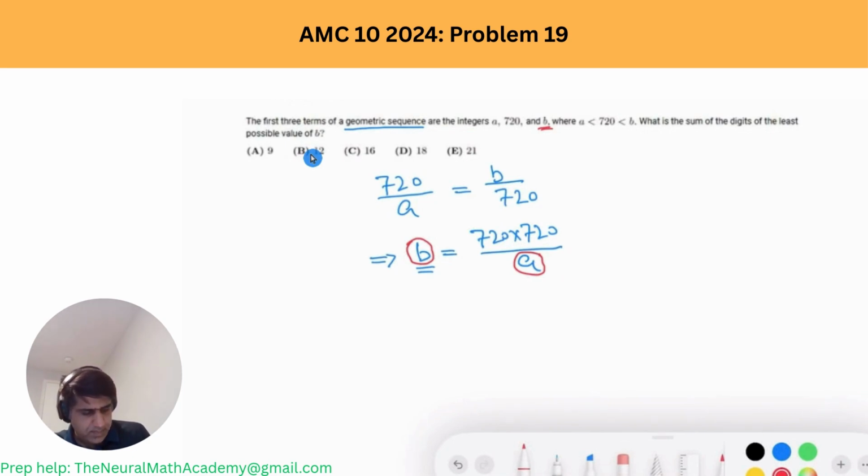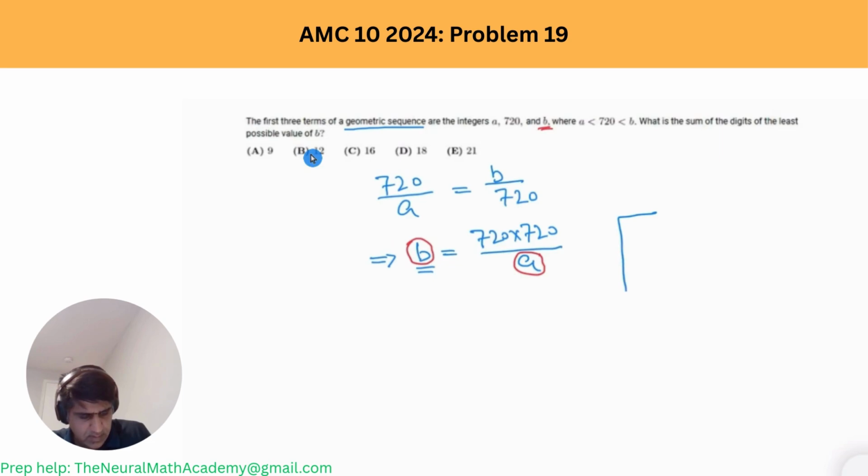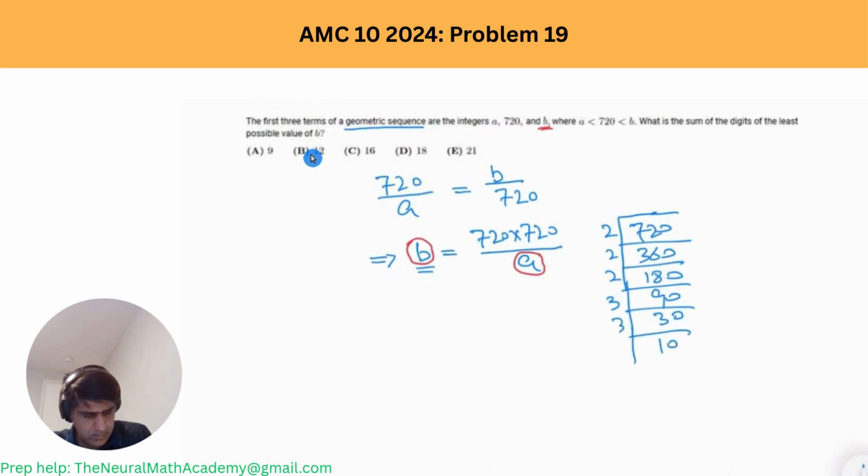So now what we can do, we can get the factors for 720, and if I quickly do that, I would then get these factors for 720.